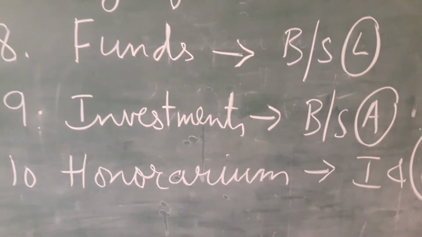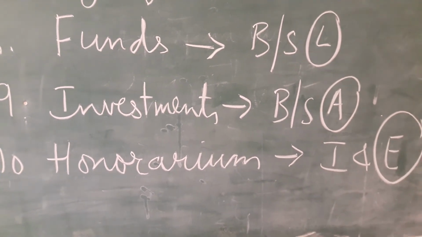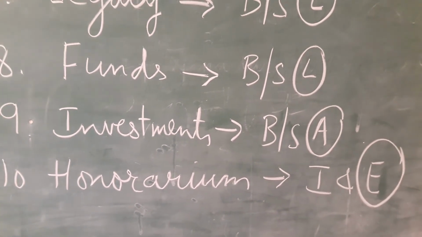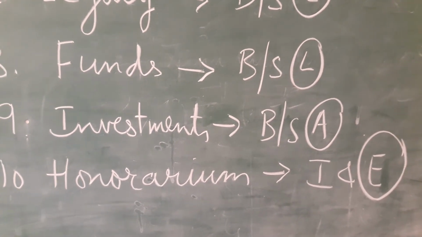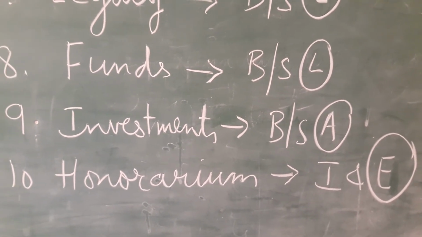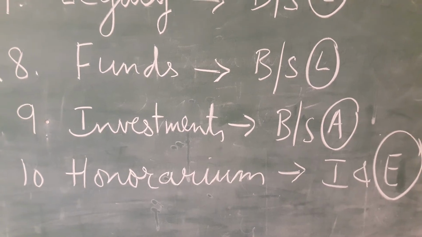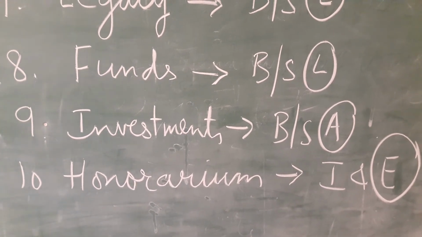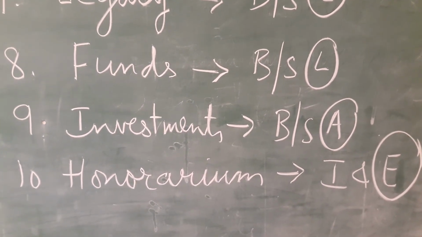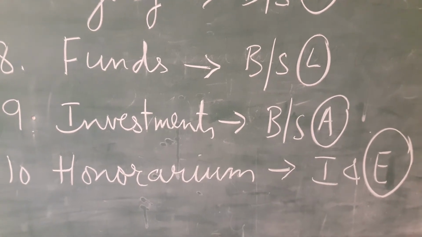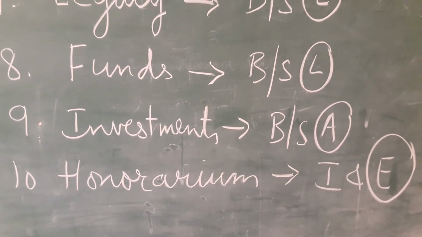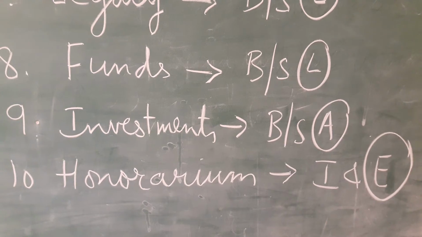And the tenth one, this is also a new thing for you. First, know how to pronounce honorarium. This is honorarium. I'll tell you what honorarium is. Sometimes a person may contribute his or her services to an NPO, but the NPO doesn't have enough money to pay him or her a regular salary.